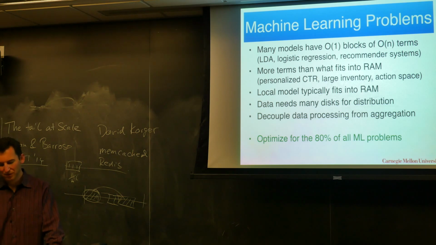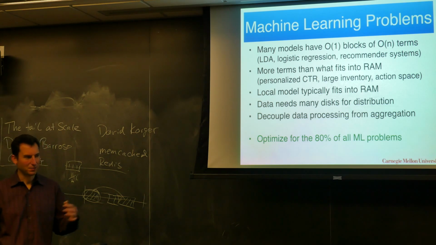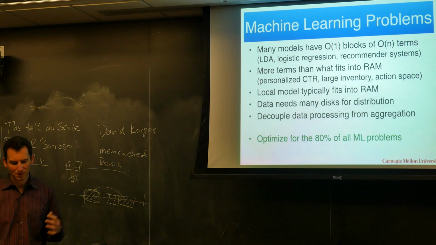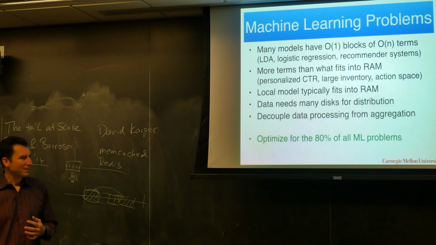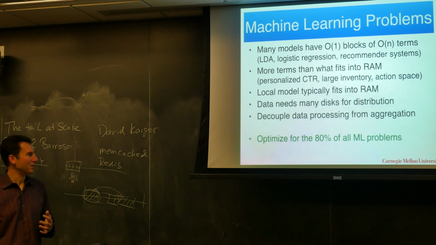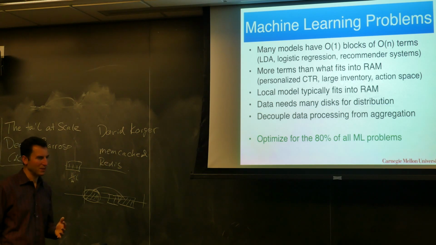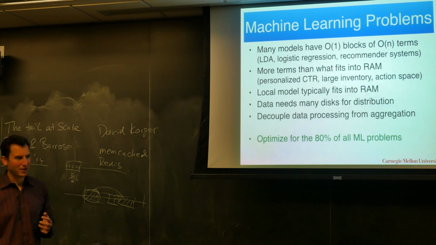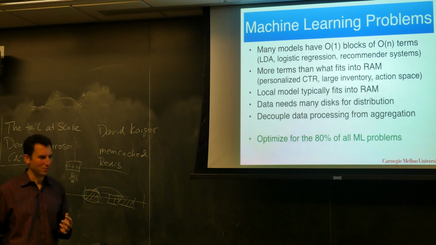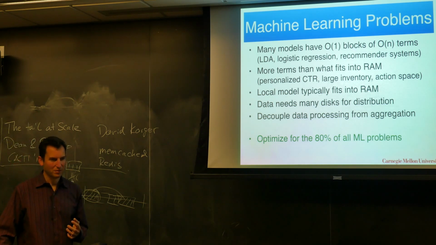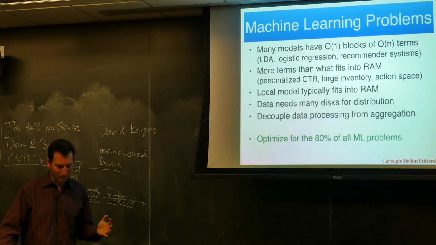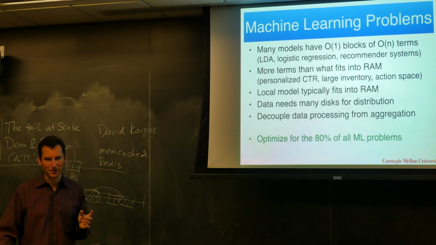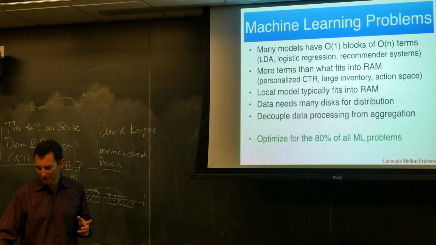And so what you then do is you basically decouple the aggregation from the data processing. And basically what we try to do is we try to optimize for about 80% of all machine learning problems. So it's not going to be terribly awesome if you have something like loopy belief propagation, or graph-based algorithms. You need to actually do a couple of other things for that. But for the rest, this actually works quite nicely.